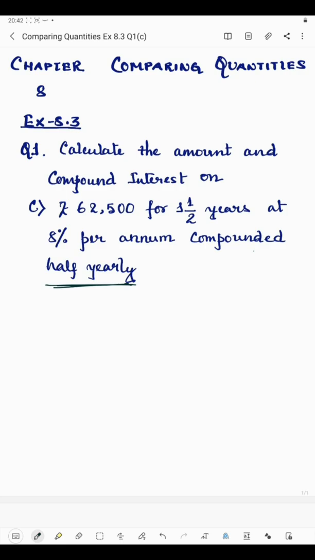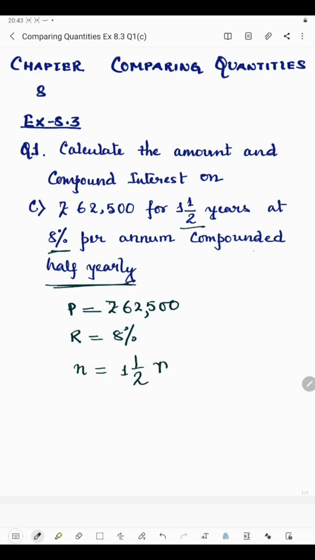Now principal is given, which is rupees 62,500. Rate of interest is 8% and the number of years, n, is 1.5 years.